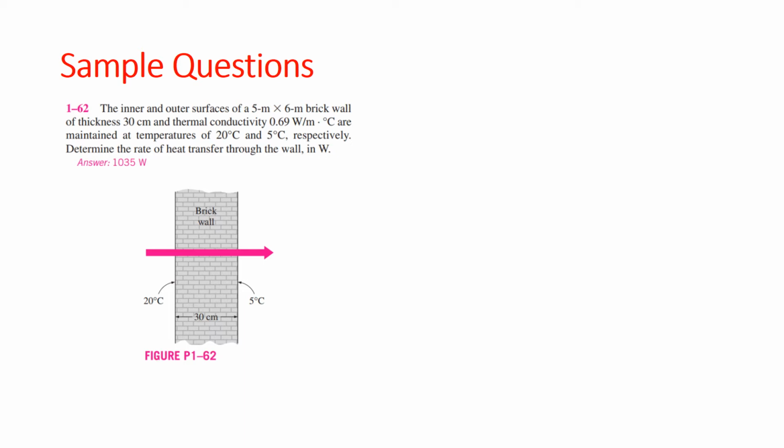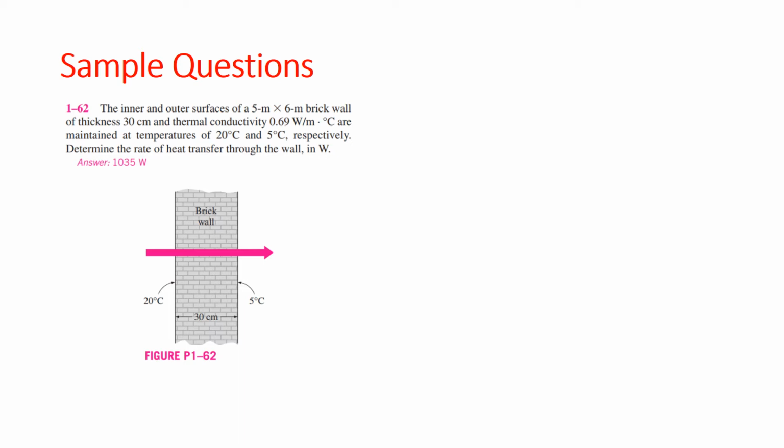In this chapter, the last part was how to solve a problem, or problem solving techniques, which you have covered in detail. So the first step was to understand the problem statement. What is your problem statement? The inner and outer surfaces of a 5 meter by 6 meter brick wall.